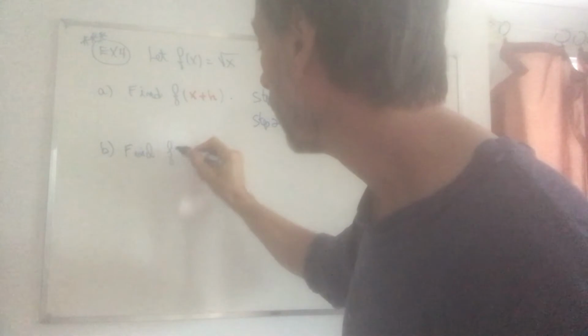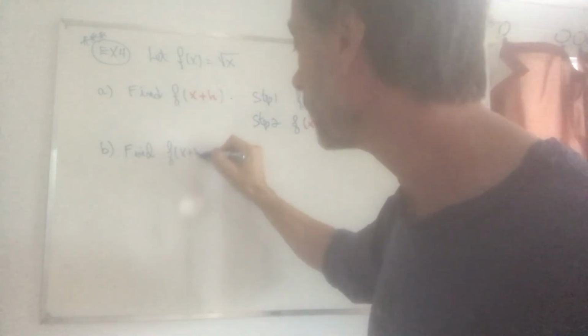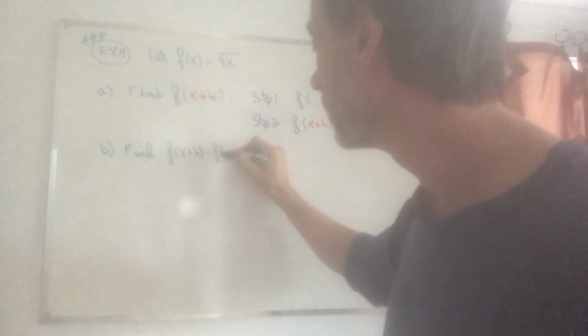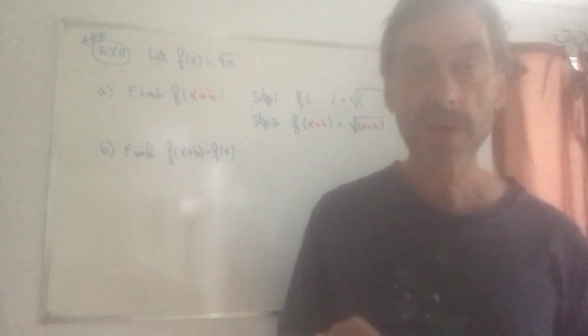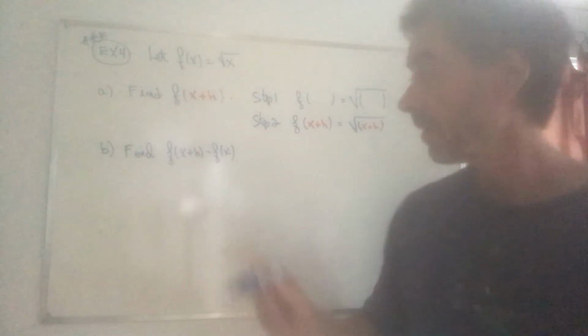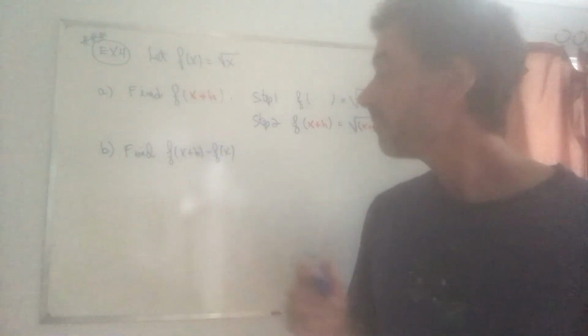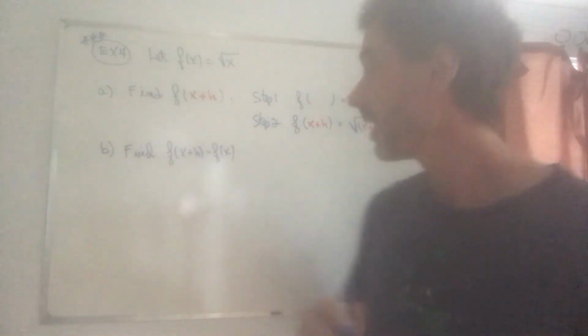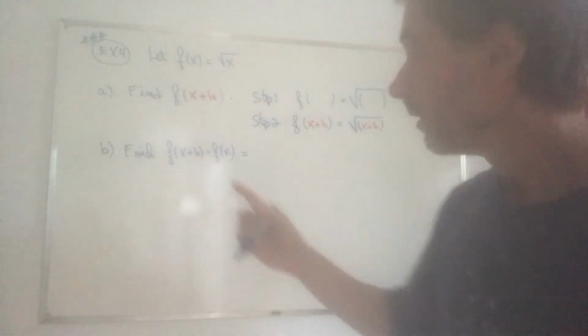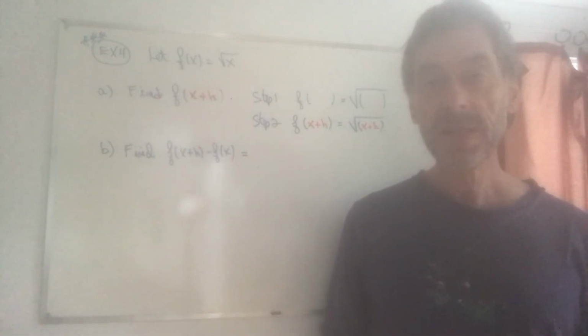Find f of x plus h minus f of x. So here's an operation between functions, a subtraction. What is f of x plus h minus f of x? Well, let's use our findings in the a part.